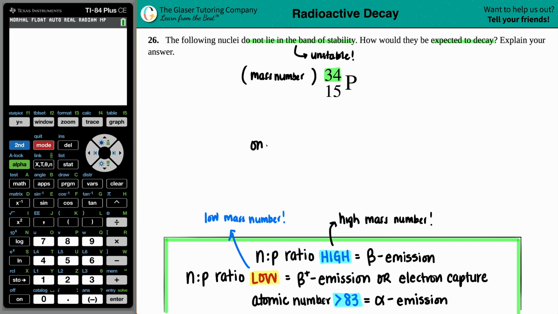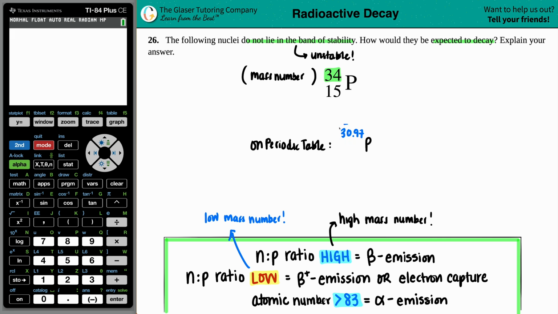Now, on the periodic table, I do see phosphorus, right? And the atomic mass that they give us is going to be a decimal value, something like 30.97. What would the closest whole number be?